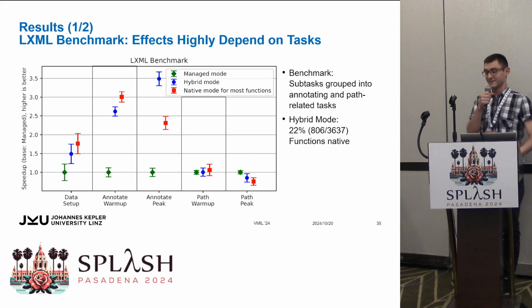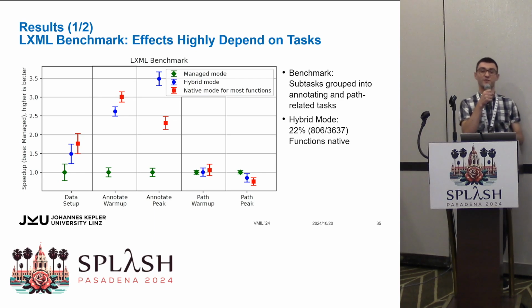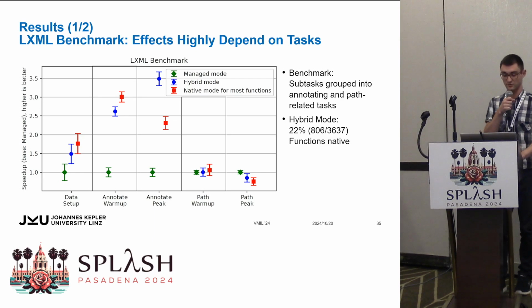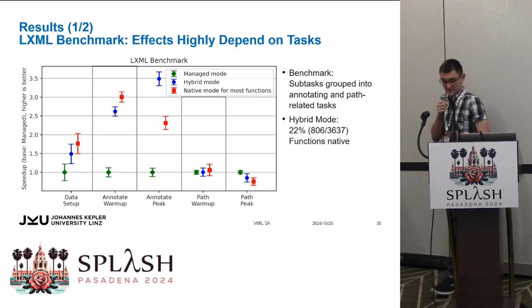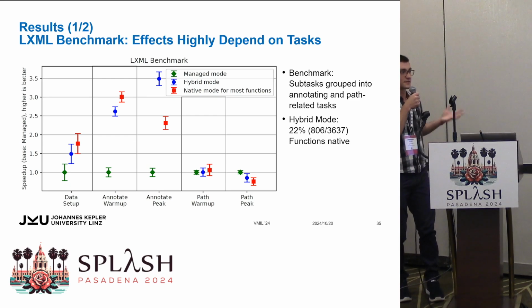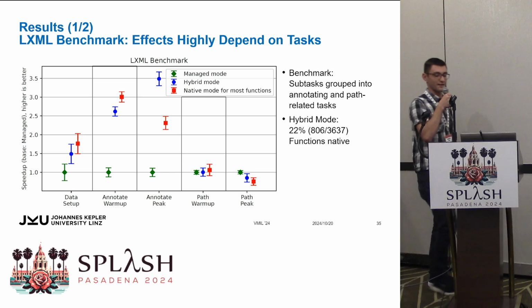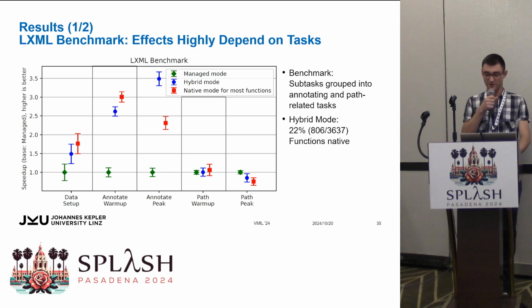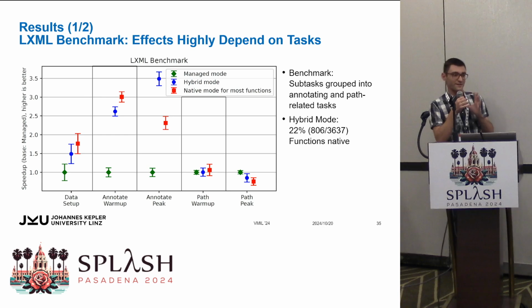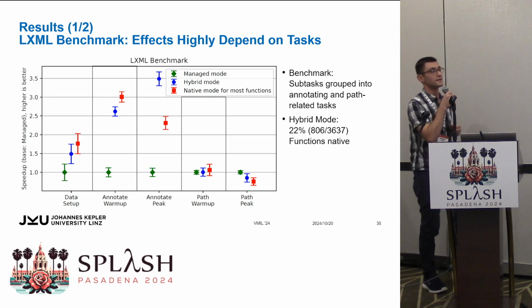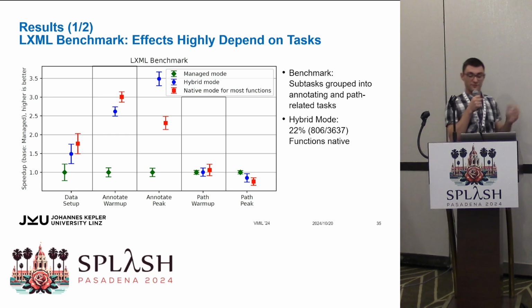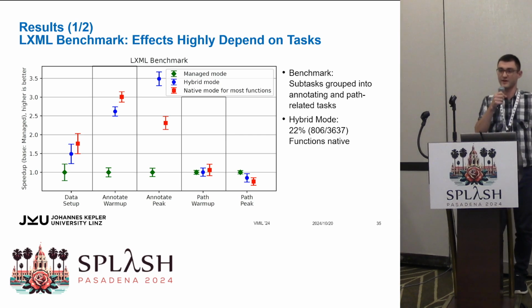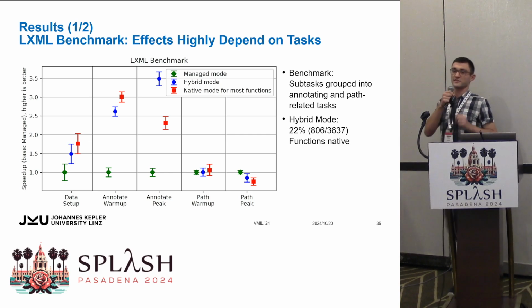On the other hand, there is also code where the hybrid mode performs worse than fully managed execution. This is, for example, because the GraalVM JIT compiler can aggressively optimize, being a very complex compiler. There's inlining involved, and if we move certain functions to the native side, of course, the GraalVM JIT compiler cannot inline these functions anymore.